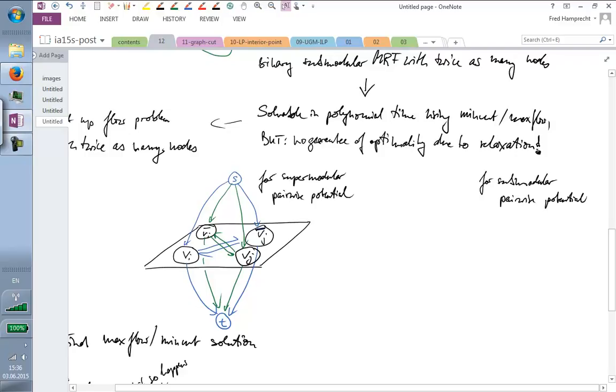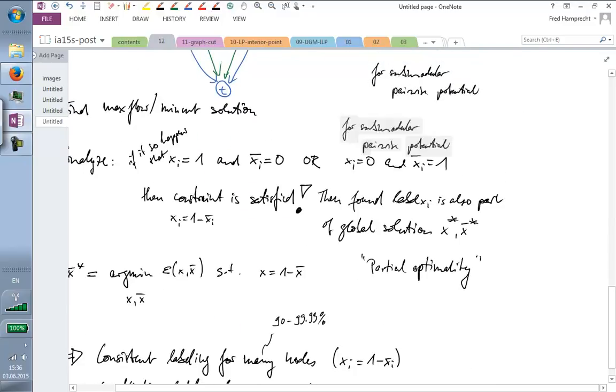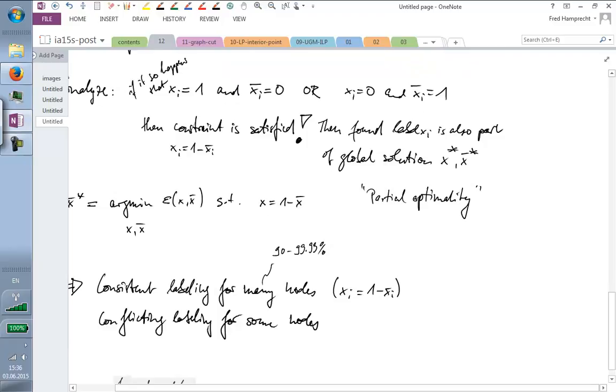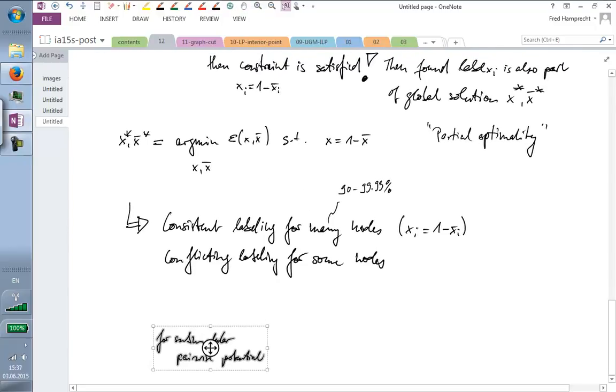For lack of space, I'm going to do this at the very bottom. So let's say details on the graph construction.